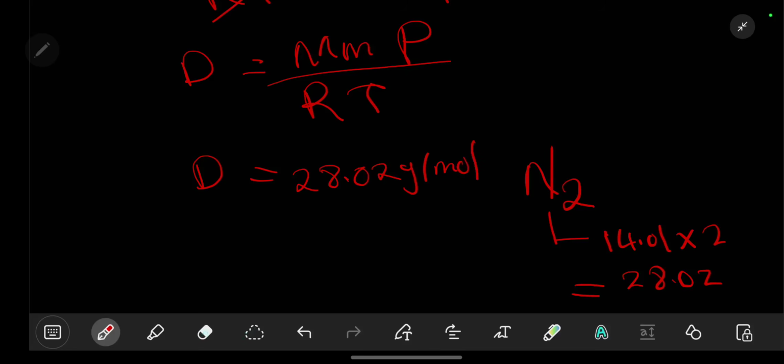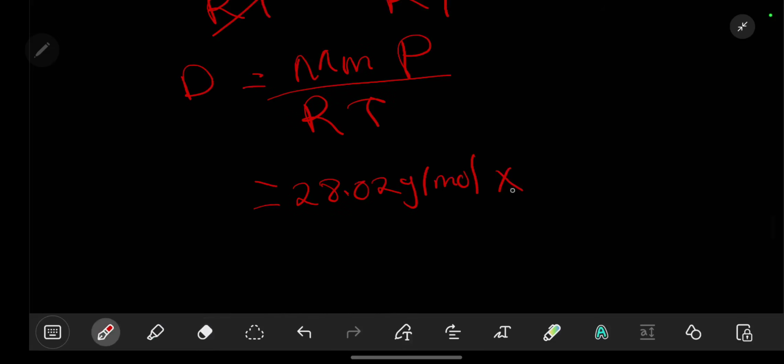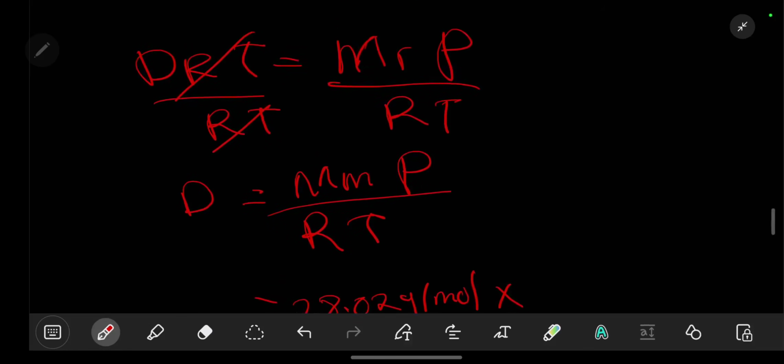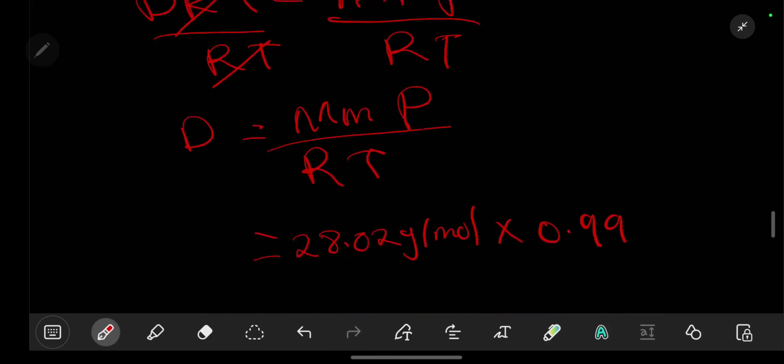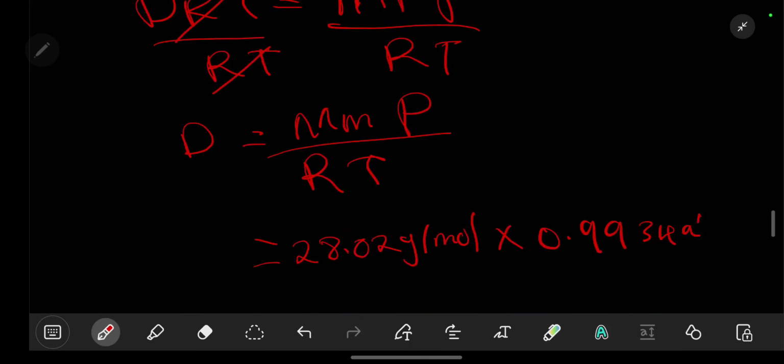Sorry, this is the molar mass, not the density. Anyways, we have calculated that. That's our molar mass, like that. Then we multiply. What is our pressure? Our pressure is 0.9934 atm.